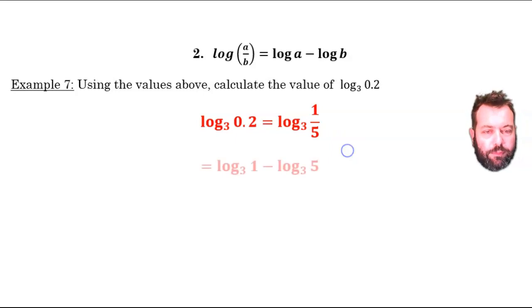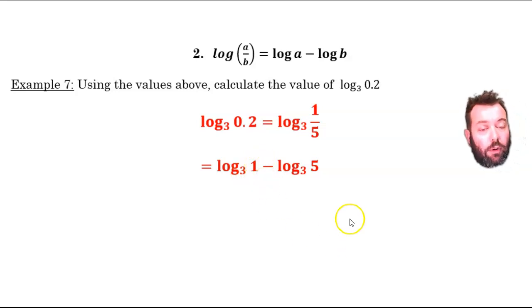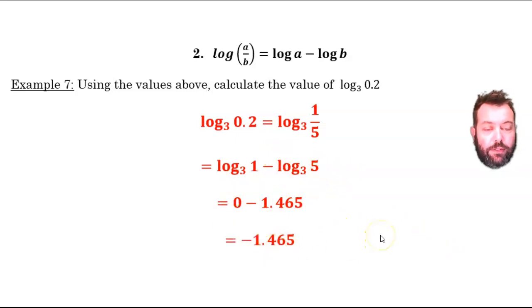If I'm after the log of 1 minus the log of 5, because it's 1 divided by 5. 3 to the power of 0 equals 1. So this becomes another law that we'll learn soon, that the log of 1 is equal to 0. So it's 0 minus the log of 5, which equals negative 1.465.